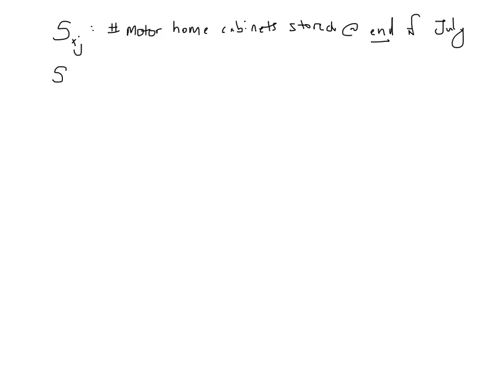SYJ, number of mobile home cabinets stored at the end of July. Then we have SXA, SYA, and then SXS and SYS.